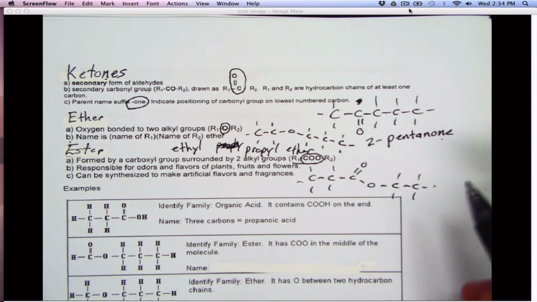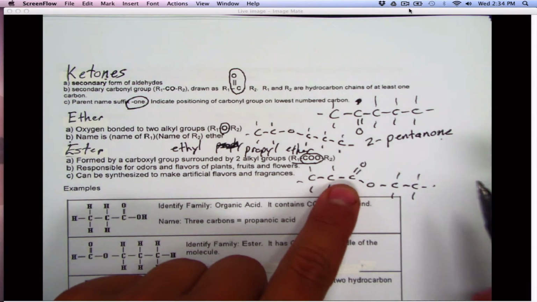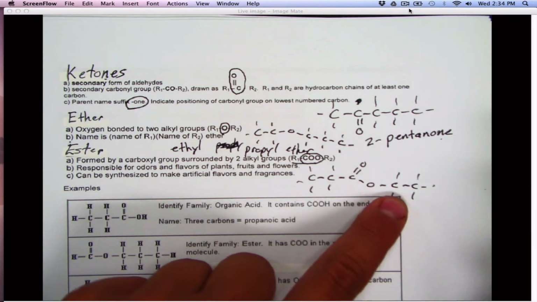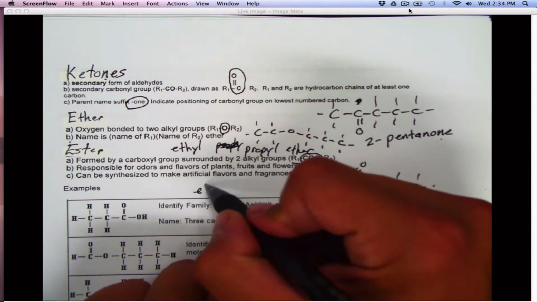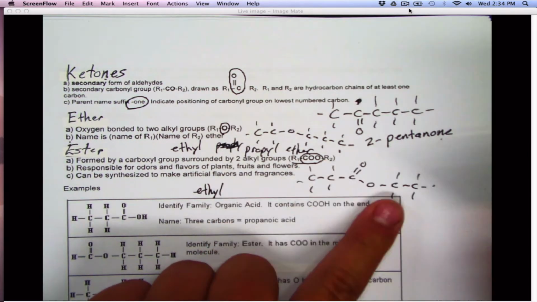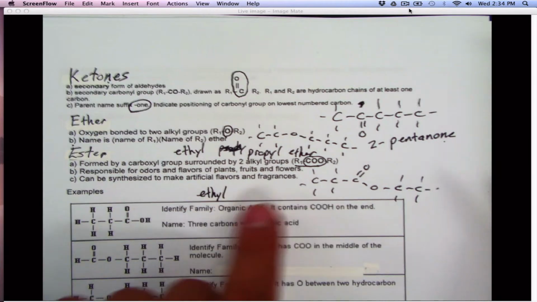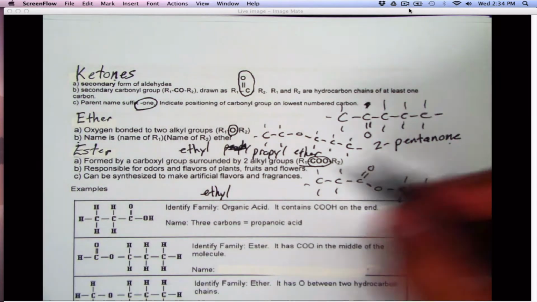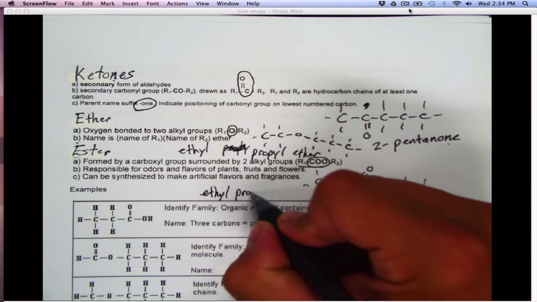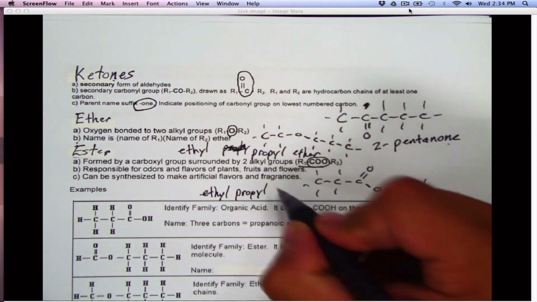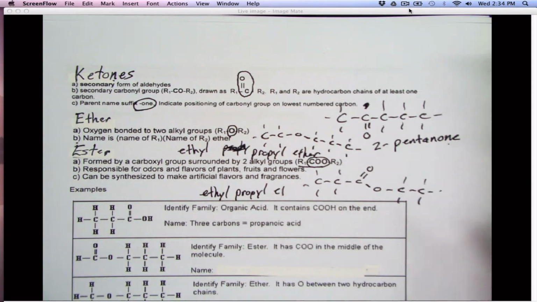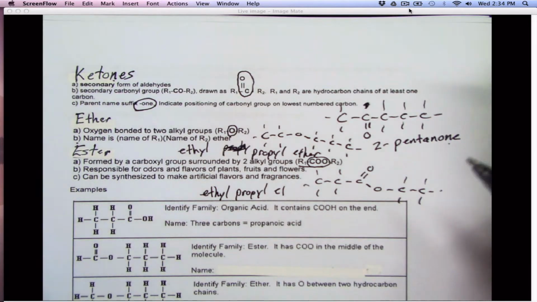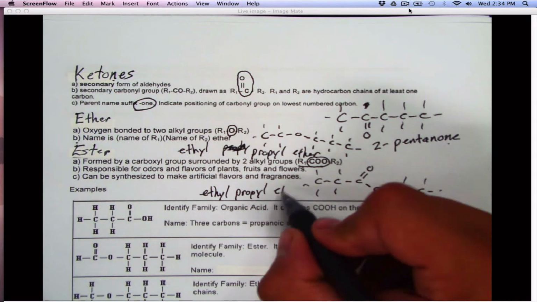So what we do is we name the side that doesn't have the double bond to the oxygen, so we name this side, that's 2, so that's an ethyl, okay? Ethyl, 3 carbons, prop, ethyl propyl ester.